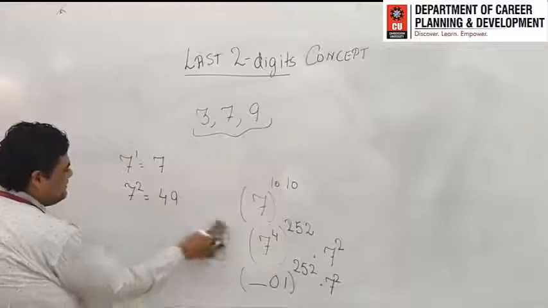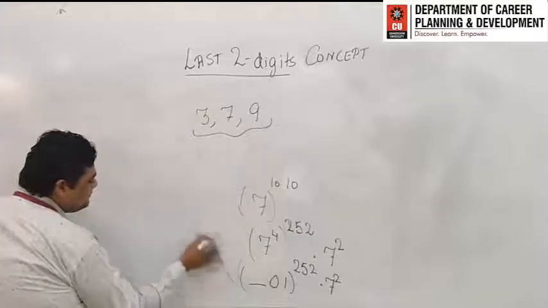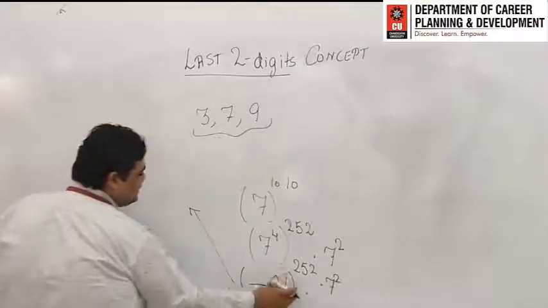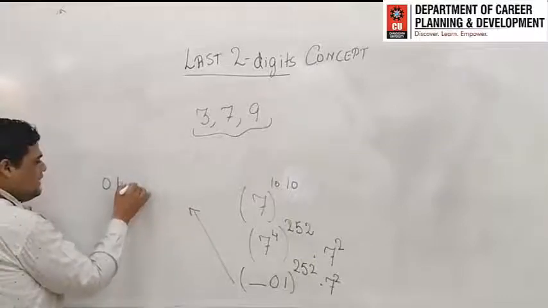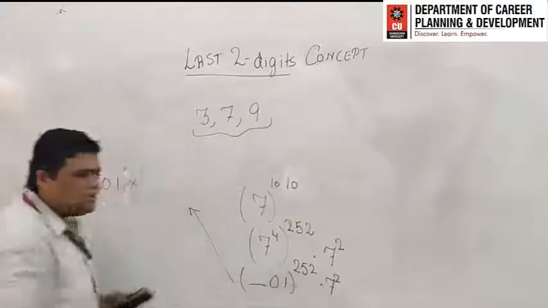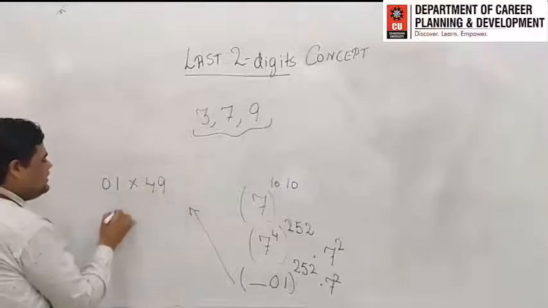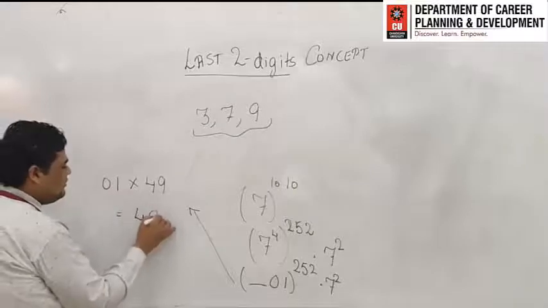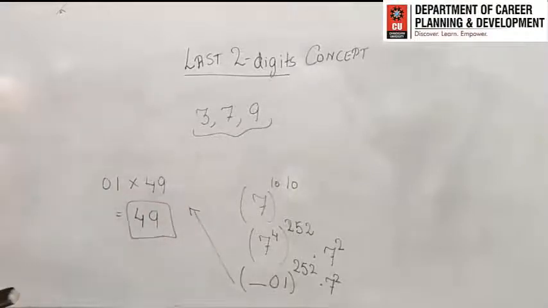The last two digits will be 01 raised to 252, which remains 01. So this multiplied by 7 square will be what? 7 square will be 49. So we just have to multiply 49 by 01. So the final value will come out to be 49.